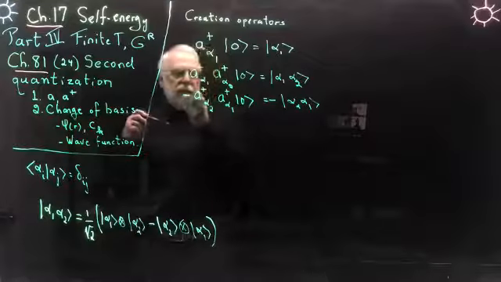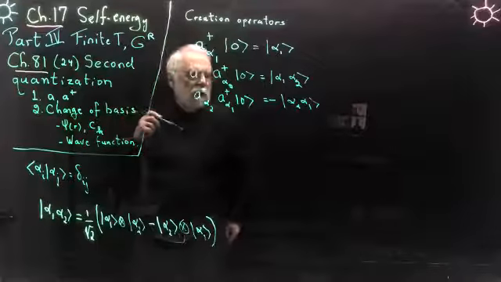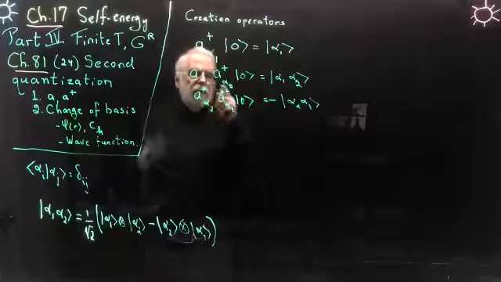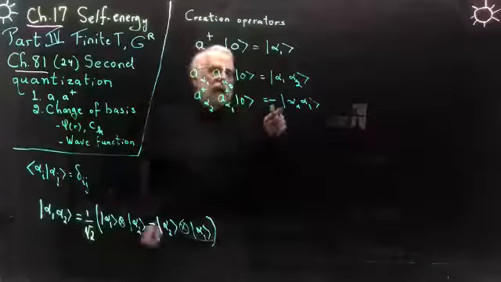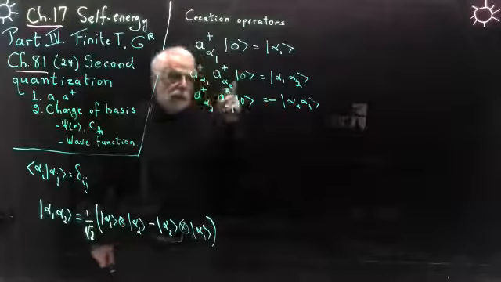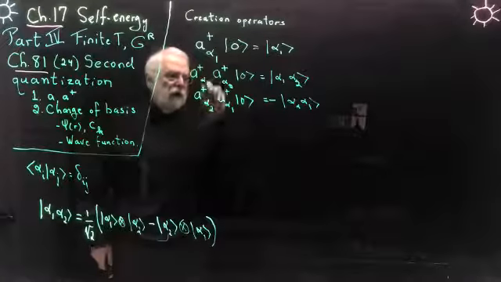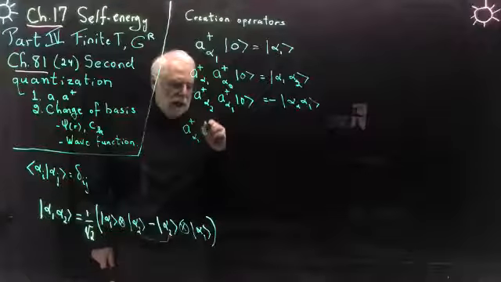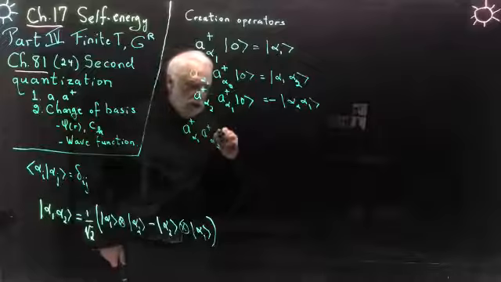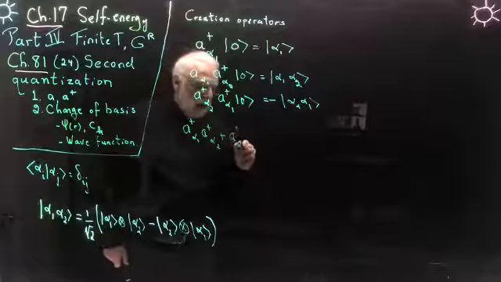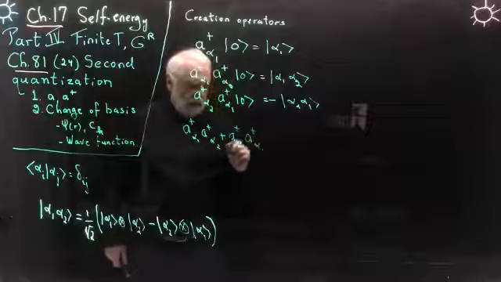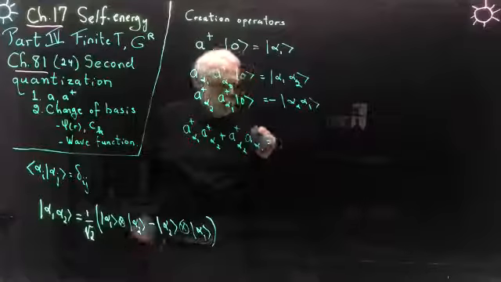That's the whole idea. The point is that if I put them in the reverse order, I get this, and this will be okay if, when I add these two things, A dagger alpha 1, A dagger alpha 2 plus A dagger alpha 2, A dagger alpha 1, is equal to 0.